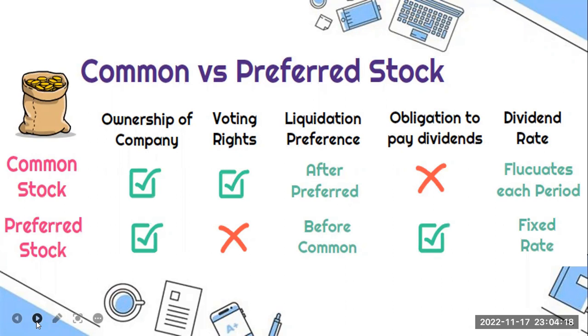Liquidation preference for common stock after preferred, and then for preferred stock before common. Obligation to pay dividends, common stock none, and then preferred stock, okay, so they have the obligation to pay dividends. And for dividend rate, common stock fluctuates each period, and then for preferred stock, fixed rate.